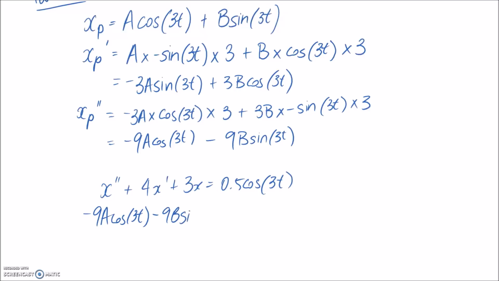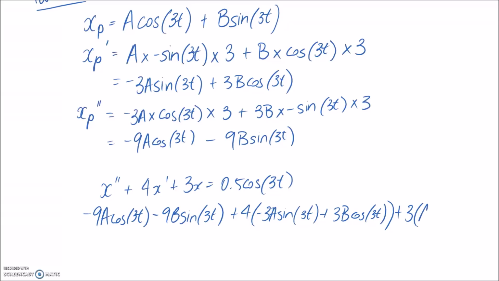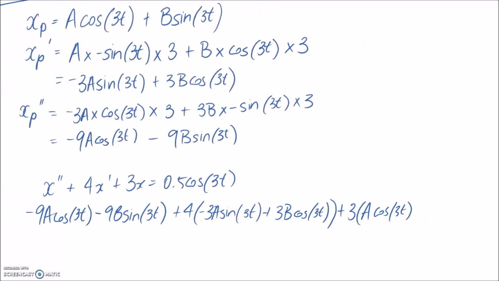And then we've got 4 times the first derivative. And then we have 3 times the normal original function, plus b sine 3t.